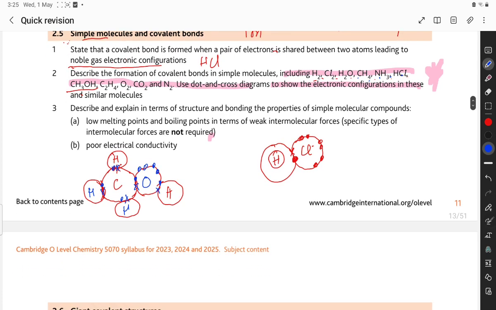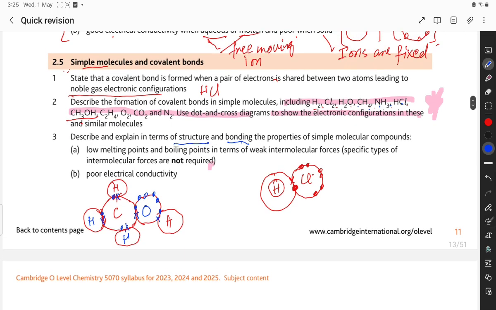Now describe and explain in terms of structure. Look here. He's expecting you to write down structure and bonding. Structure: all these molecules are simple molecules, with weak intermolecular forces.